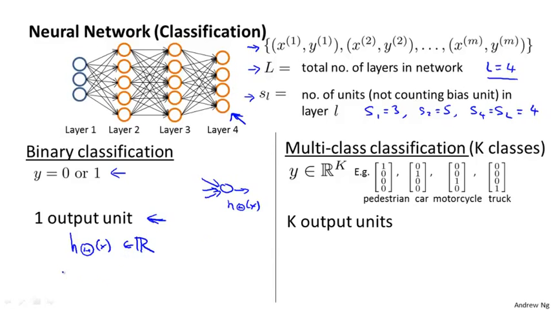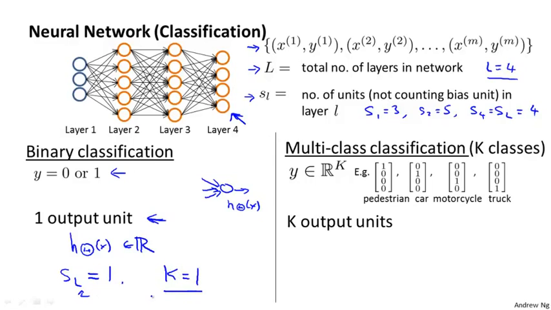And in this case, the number of output units S_L, where L is again the index of the final layer, because that's the number of layers we have in the network, is going to be equal to 1. In this case, to simplify notation later, I'm also going to set K equals 1. So you can think of K as also denoting the number of units in the output layer.